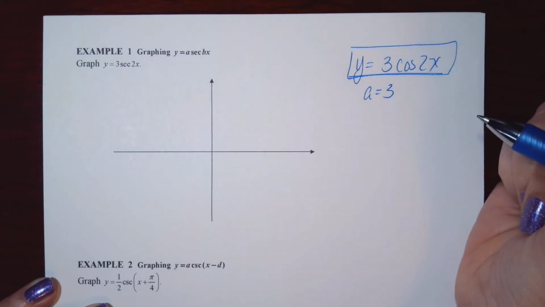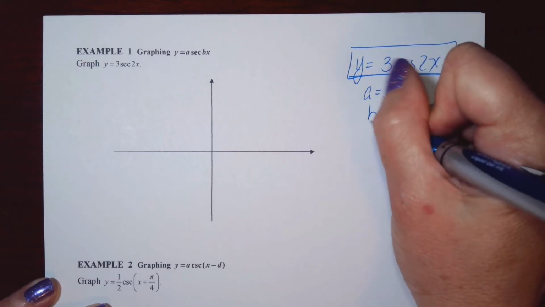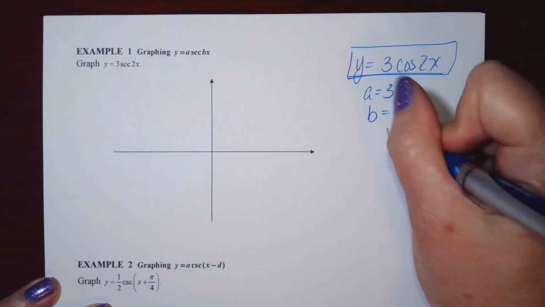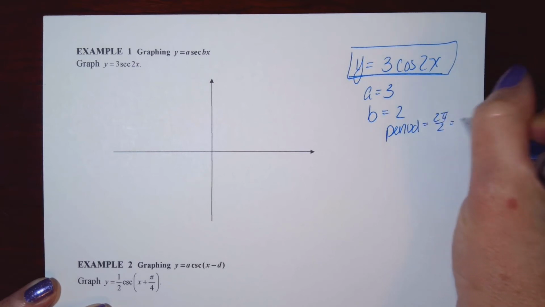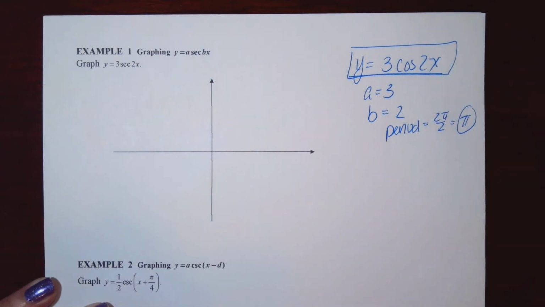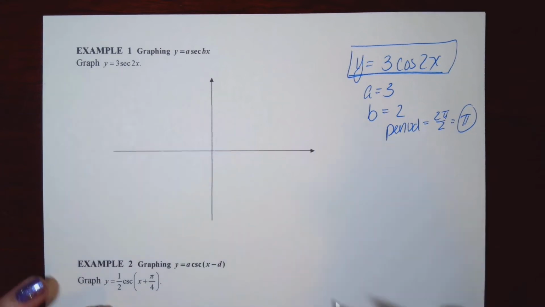That is the amplitude of my cosine function. B is 2, which changes the period. 2 pi over b gives me a period of pi. I don't have a change in center. I don't have a phase shift. That's all I got.